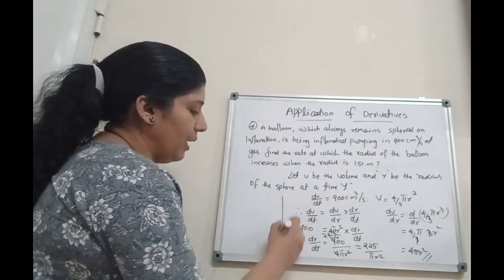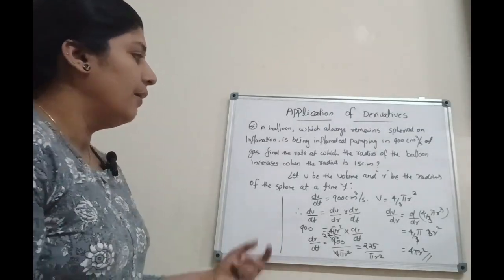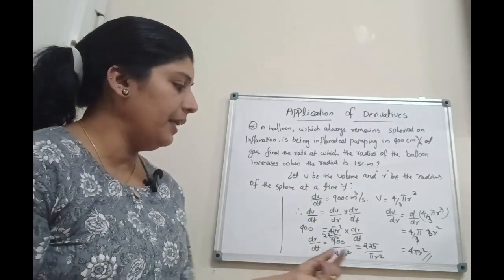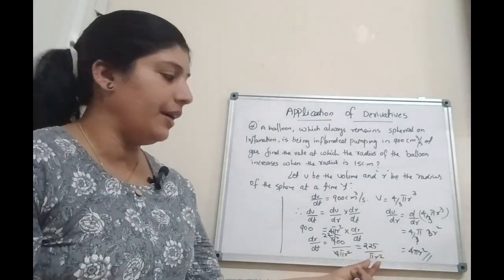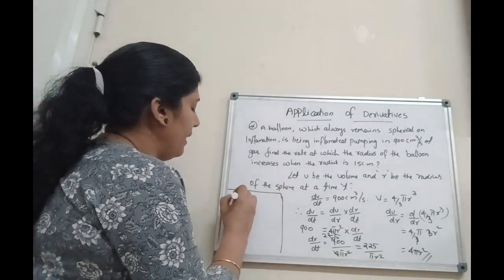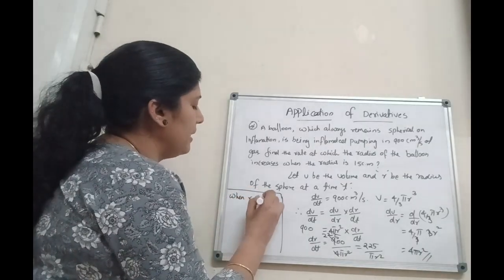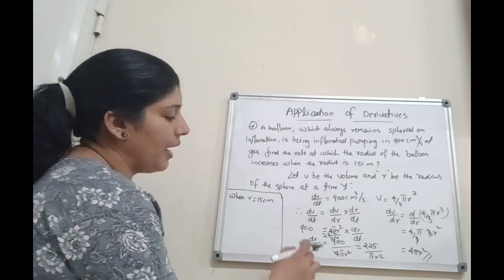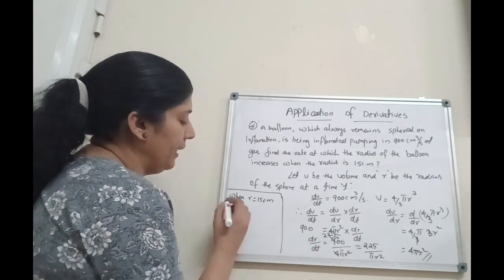Next, we have to calculate the rate of change of radius when the radius is 15 centimeter. Here, dr by dt equal to 225 divided by pi r square. When r equal to 15 centimeter, find the value of dr by dt.